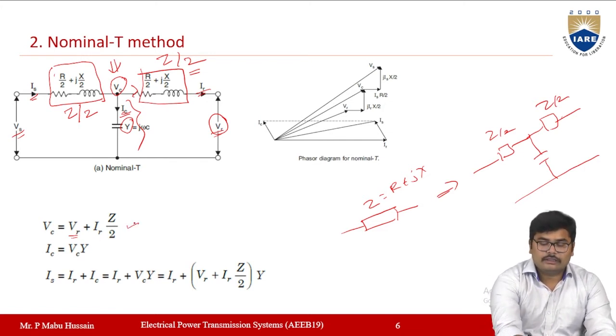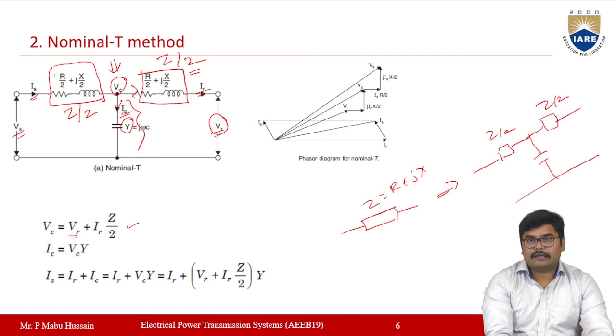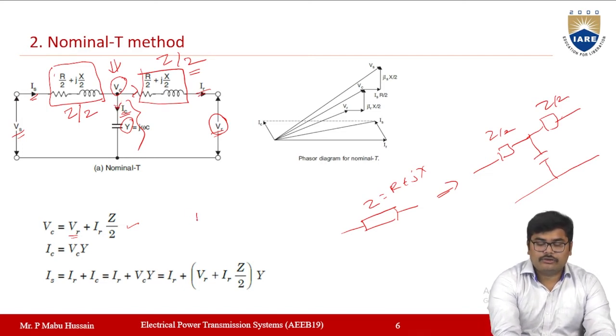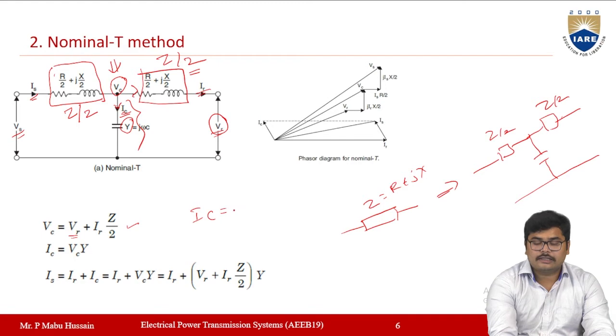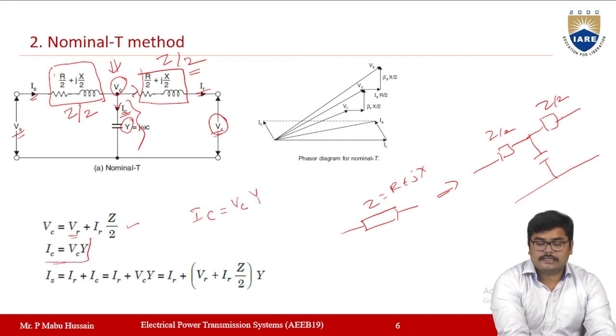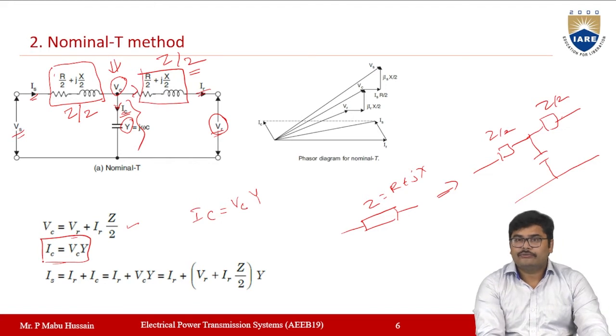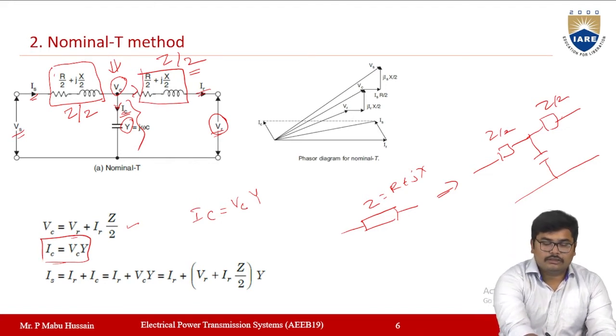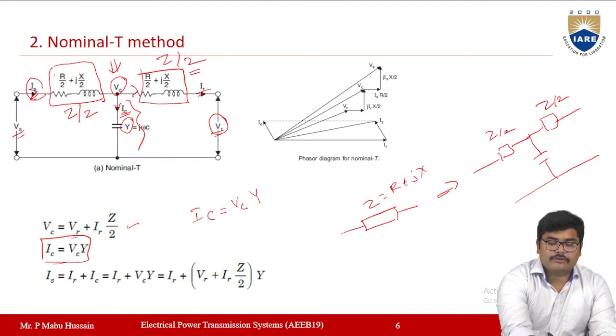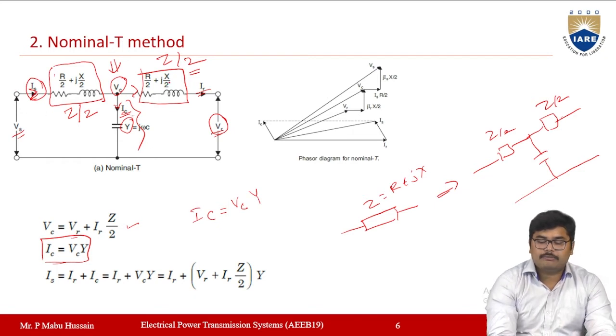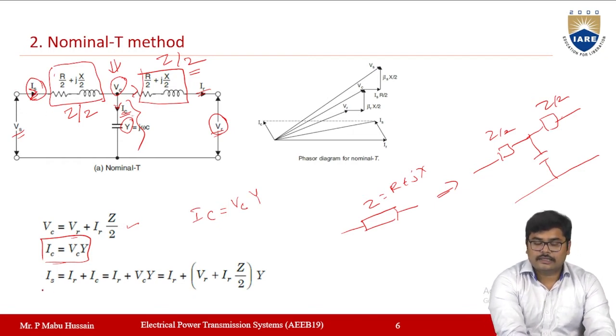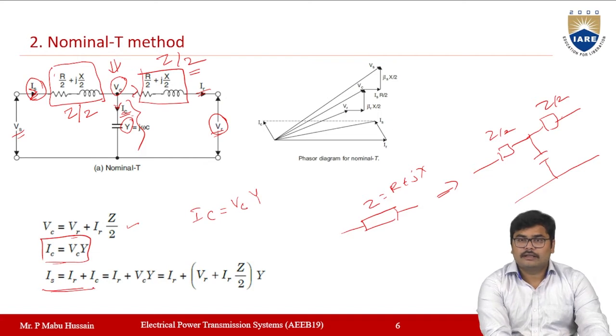Okay. So if you write for current IC, IC is equal to the voltage across that, which is VC, and admittance value. So IC is equal to VC into Y. Then the sending end current IS can be written as IS is equal to IC plus IR.